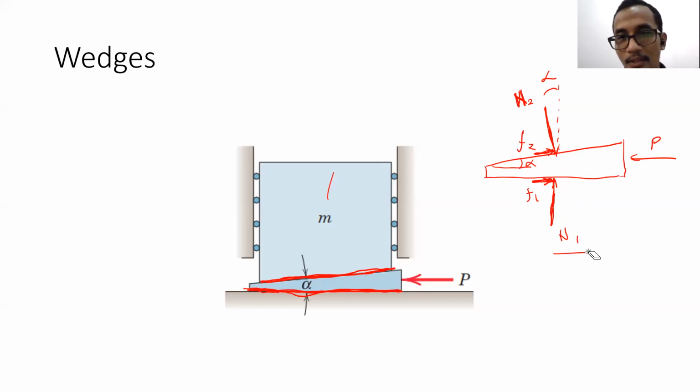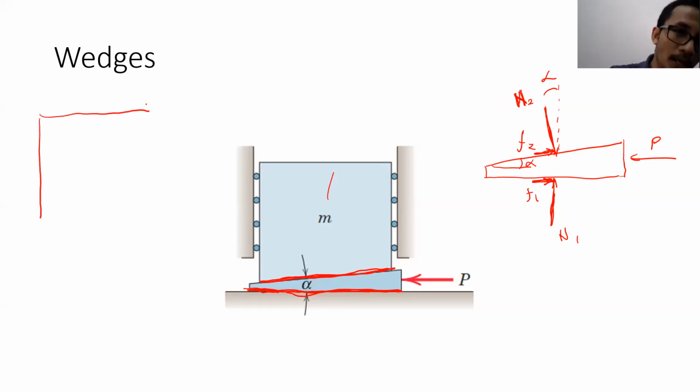No, there will be, but the calculation is not like that. We use normal force 2 to get normal force 1. But in order to do that, we have to find normal force 2, and normal force 2 we get from the mass of the block. So we have to draw the other free body diagram, the free body diagram of the block.